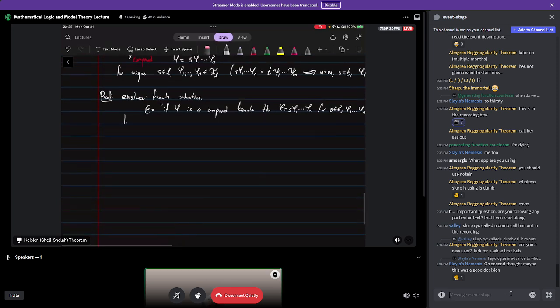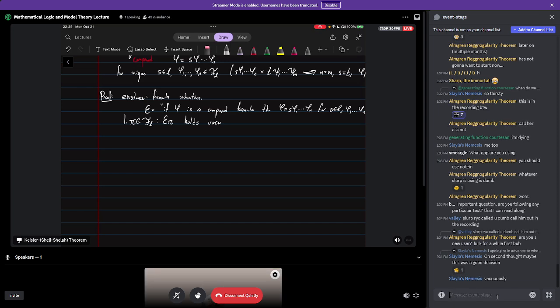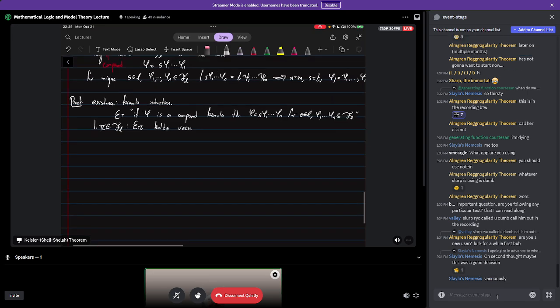So one, if pi in FL is a prime formula, then E pi holds vacuously. I actually don't know how to spell that off the top of my head. Why does this hold vacuously?